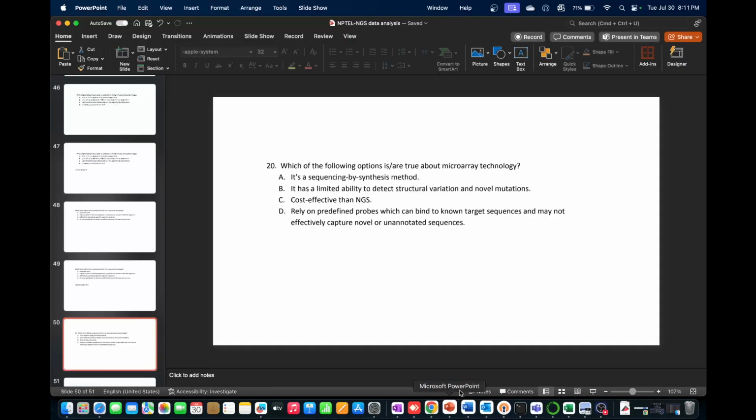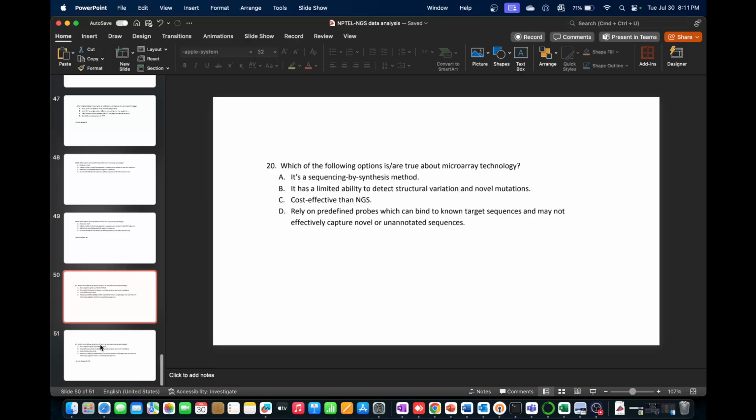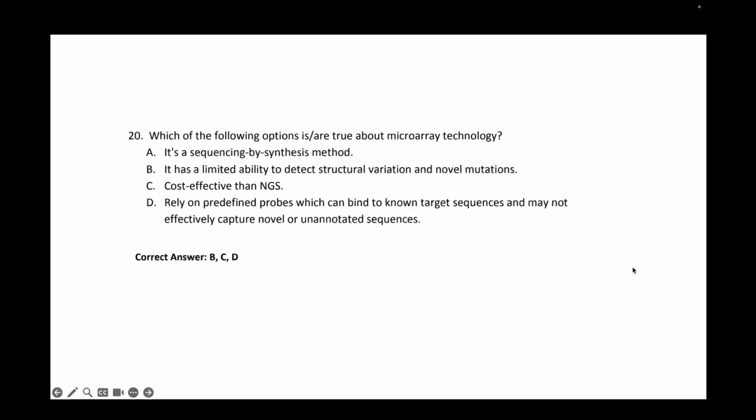And regarding the question, it's quite simple. The microarray doesn't do sequencing by synthesis. It has limited ability to detect structural variations and novel mutations. Why? Intuitively, you need to have DNA probes on the slide with known mutations that you expect from the cell.